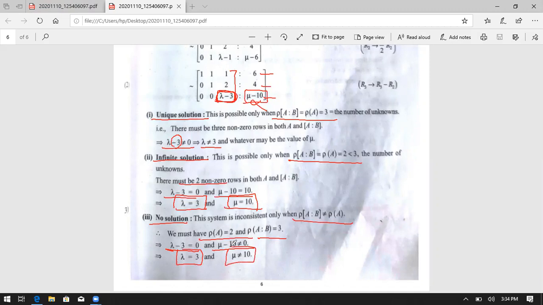That is the no solution. Rank of AB is 3 and rank of A is 2 because lambda is equal to 3: this has 2 non-zero rows, that has 3 non-zero rows. That's why rank of AB is not equal to rank of A.